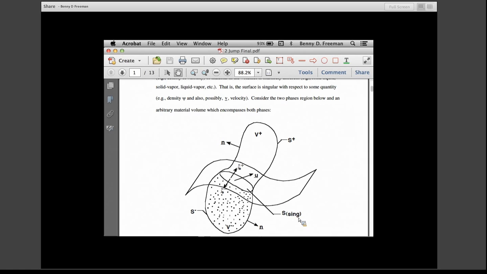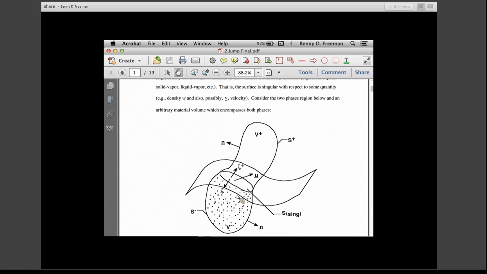The entire material volume, that is V plus plus V minus, allows no net mass transport across its boundaries. It's the definition of a material volume. However, V plus and V minus individually are not material volumes because there can be mass transport across this interface. That's one of the things we're trying to get at. What are the characteristics of that mass transport?